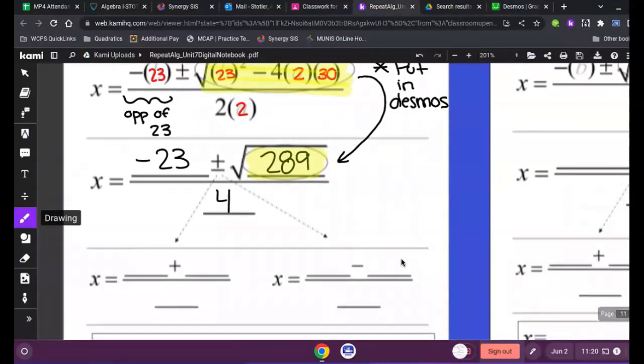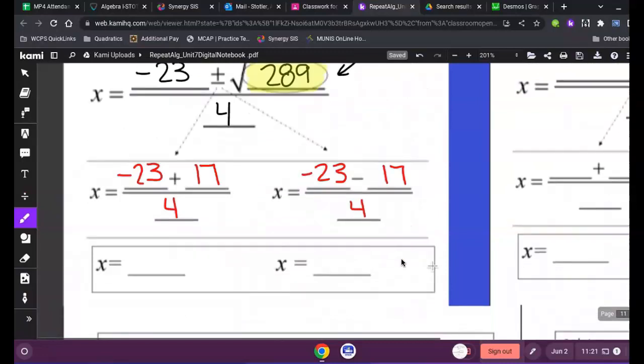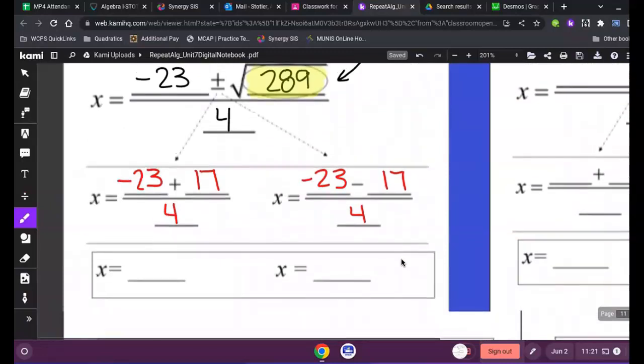So now we are dropping everything else down. So negative 23 plus 17 divided by 4. And then we drop it down over here, negative 23 minus 17 over 4. What you write in the first space, you also have to write in the second space. We need to have 2 solutions for the ones that we're doing today.